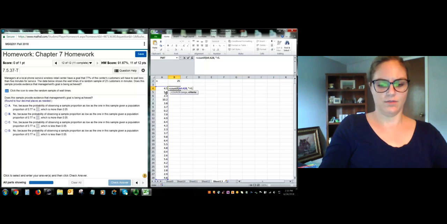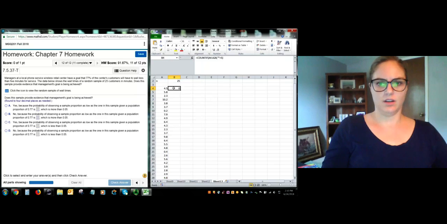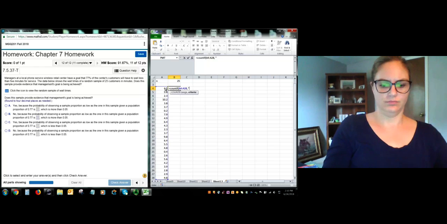Greater than 5. I'm going to put 0.0 because if there's anything here, okay, so here what I'm actually going to do, I'm going to apply a COUNTIF. Greater than or equal to 5.